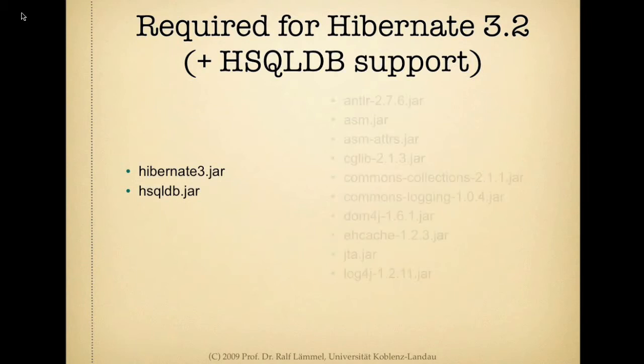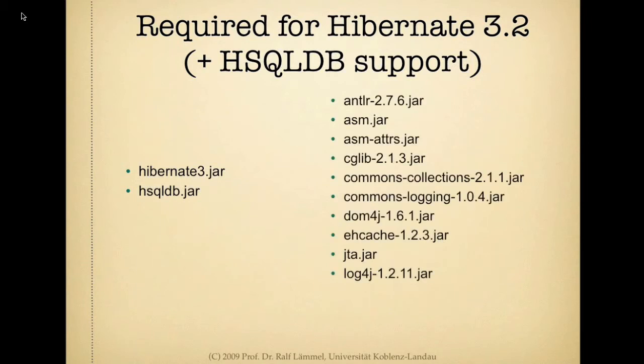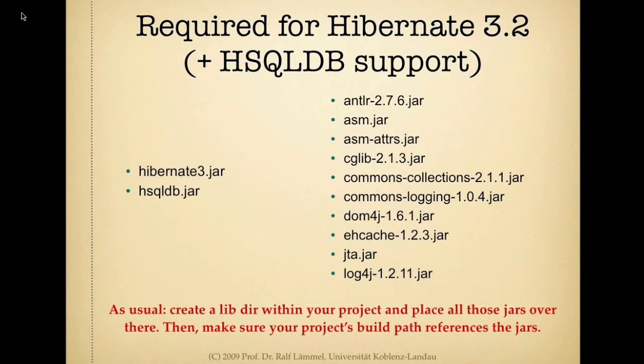However, transitively we need a few more jars, and if you use the sample distribution that goes with this lecture, all these jars are already included. But if you set up a new application, you might need to download these or even additional jars. Other than that, it's just the usual story. So you need to collect all the jars and add them to the build path of your application, and there we go.